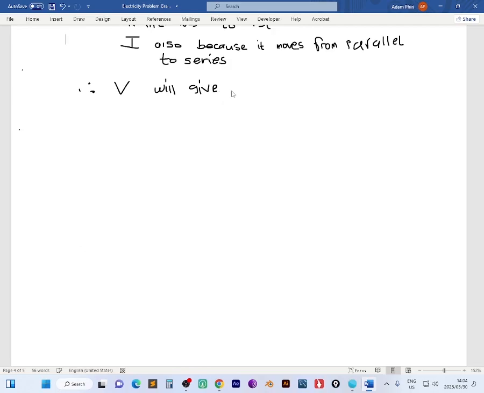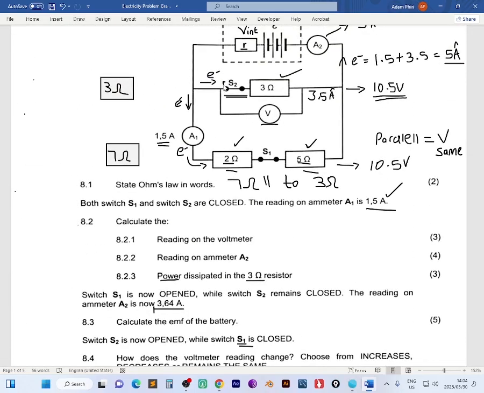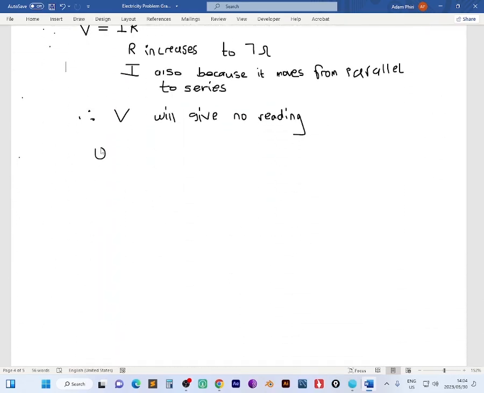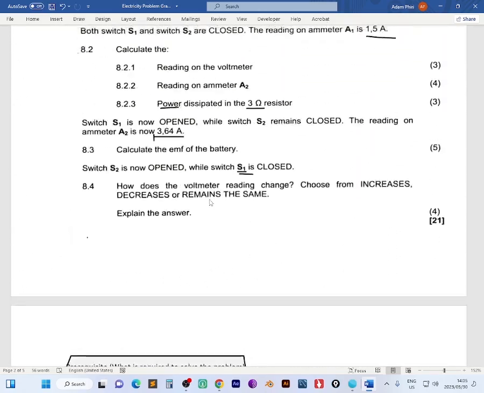So at S2, if it's open, then the potential difference will not read anything because there's no path going through there. Okay, so when S2 is open, they will read nothing because there's no electrons passing through, so you have no values. So that question probably has an error. You can double check it. The voltmeter will not read anything.